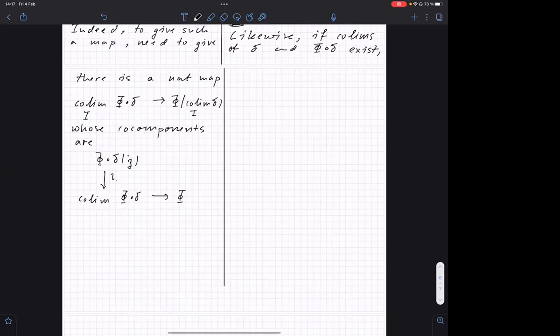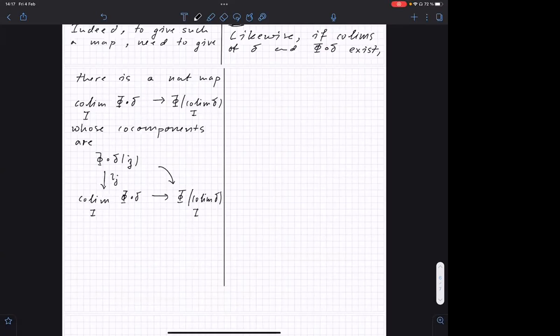Let me say it on J so it doesn't look so confusing. So by the definition of a colimit over phi delta, it receives all of these maps. It's the cocone, the initial one. And then I need to tell you what the restriction of this map is to those.